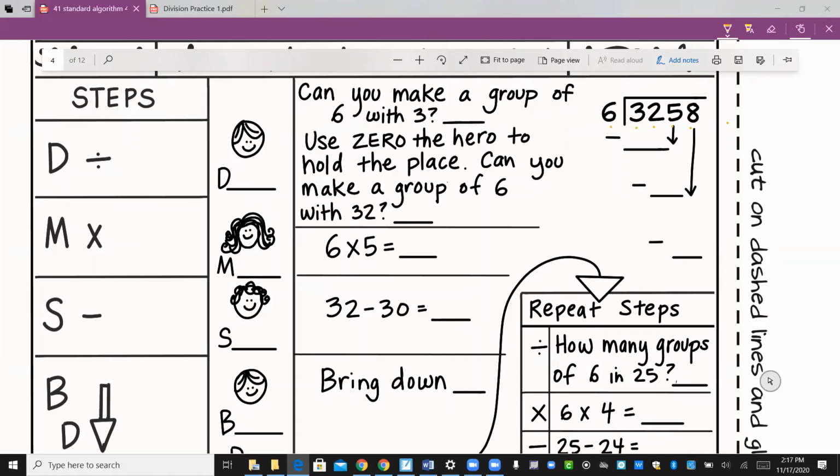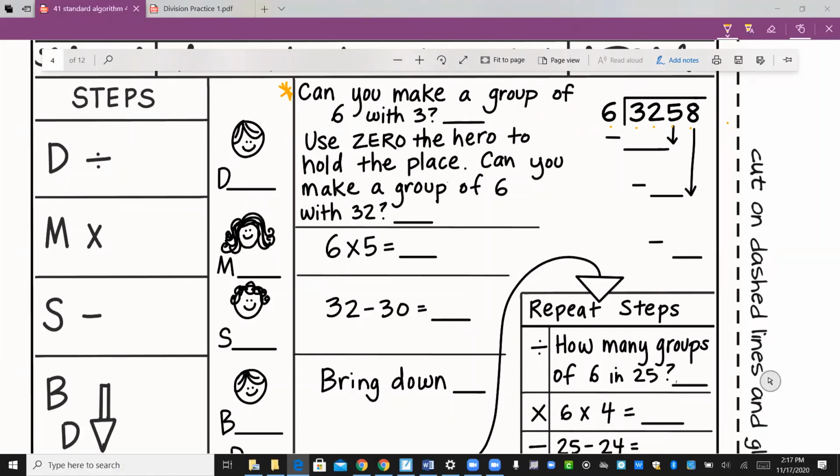3,258 divided by 6. So we're going to follow the steps here in order to help us divide. Now, we're going to use the mnemonic daddy, mommy, sister, brother, and dog Rover to help us remember which steps to write.